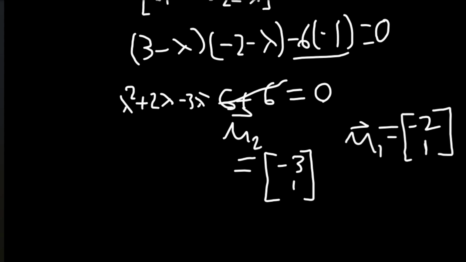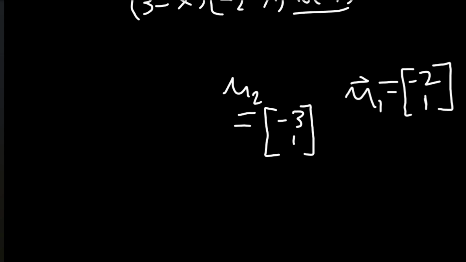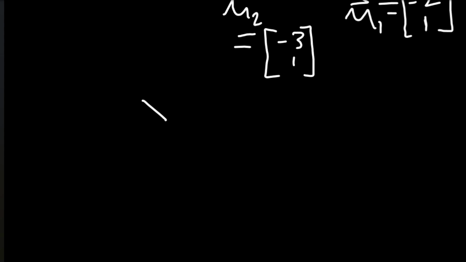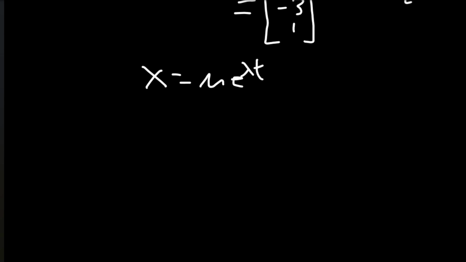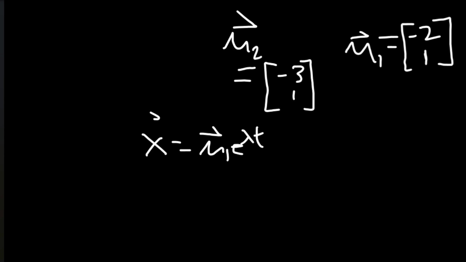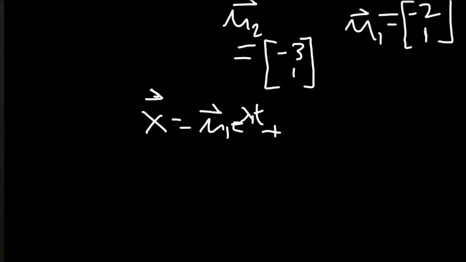If you remember before, we made the statement that x is equal to mu times e to the lambda t. But we have 2, so we need to add them.